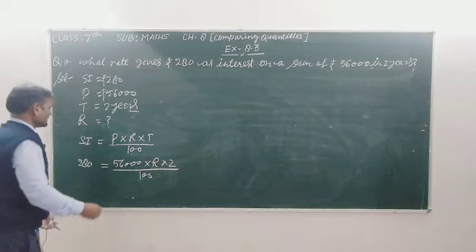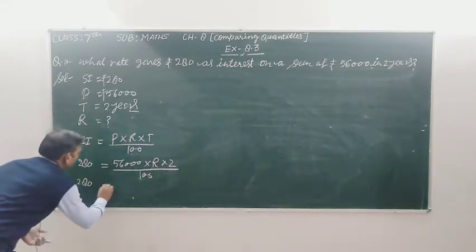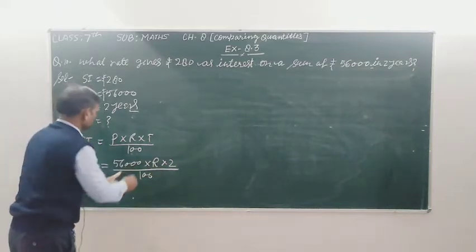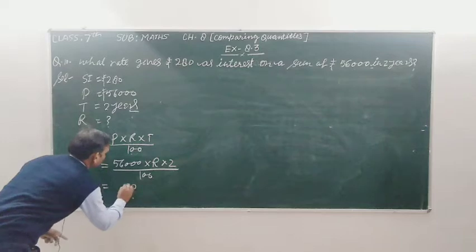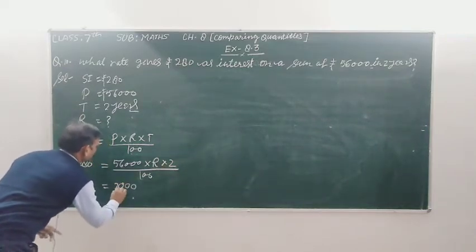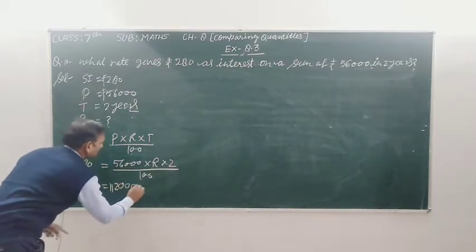So, student, firstly multiply 2 into 56,000. 2 into 0 is 0, 2 into 0 is 0, 2 into 0 is 0, 2 sixes are 12, 1 is carry, 2 fives are 10 and 1, 11.